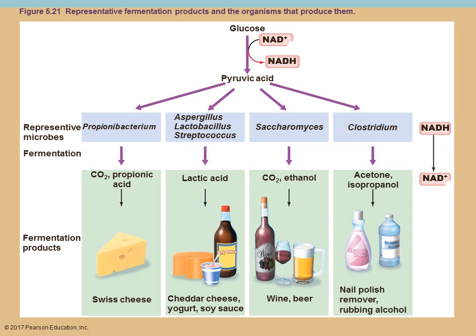So now in terms of the fermentation processes, like I say, glucose is going to go through that glycolysis producing pyruvic acid, and then from there, like I said, it depends on which organism you are using to determine what type of product you're going to get.